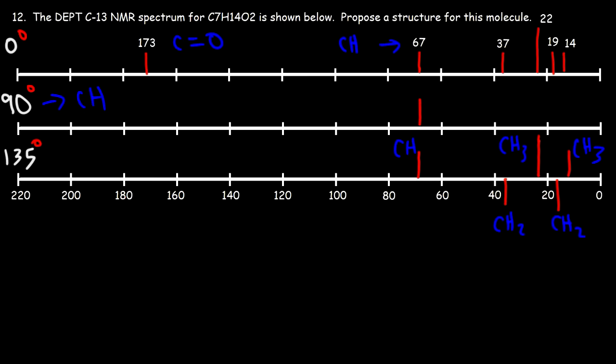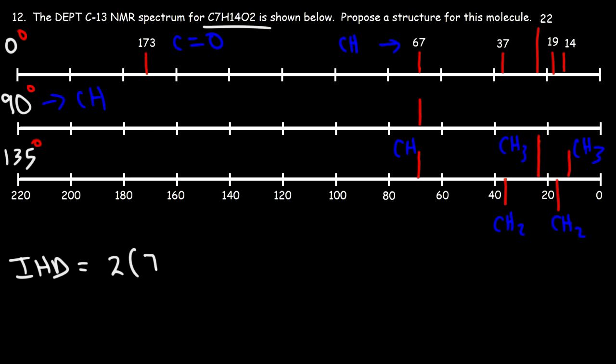Now there's one more thing that we need to mention. That is the signal at 67. Between 50 and 100, we know it could be a CO bond, like an ether, an ester, or an alcohol, or the signal at 67 could be an alkyne. So we need to calculate the IHD to eliminate some possibilities.